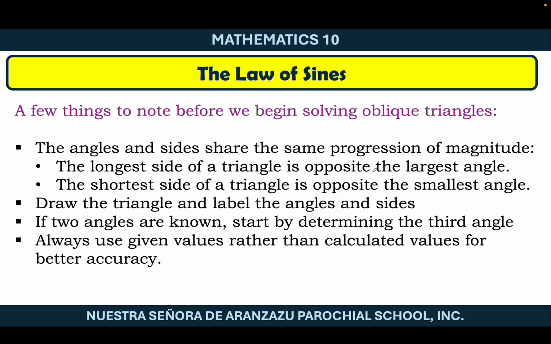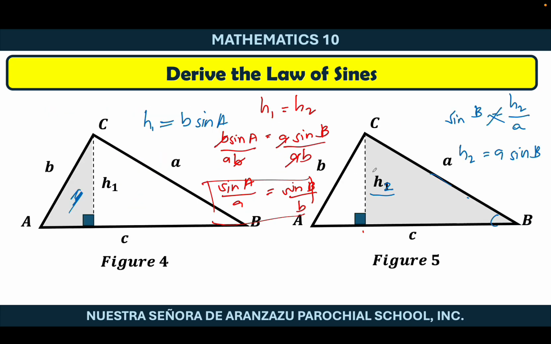If angle A here is the largest angle, then its opposite is the longest side. And if your angle B is the smallest, then its opposite is the shortest.